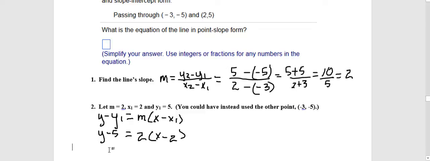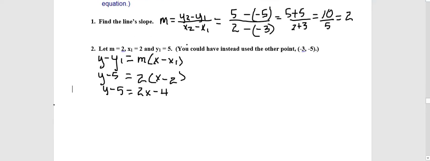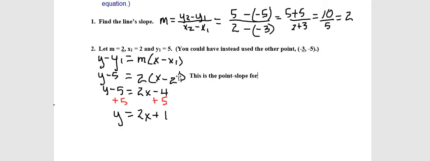So for this problem, that's y minus 5 equals 2 times the difference x minus 2. I'm going to distribute, and I get y minus 5 equals 2x minus 4. And if I solve this for y, I will then have the slope-intercept form of the line equation. So when I add 5 to both sides, the left side becomes y, the right side becomes 2x plus 1.